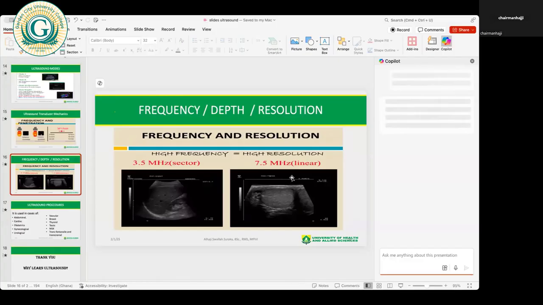So this is an image. A frequency of 3.5 megahertz, whereas this one is taken of a 7.5 megahertz.